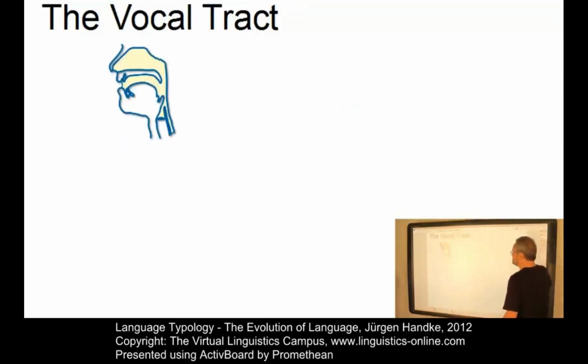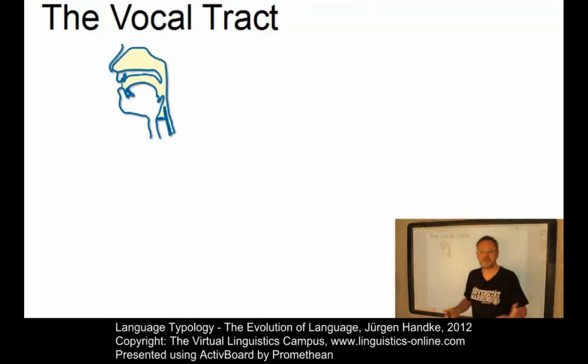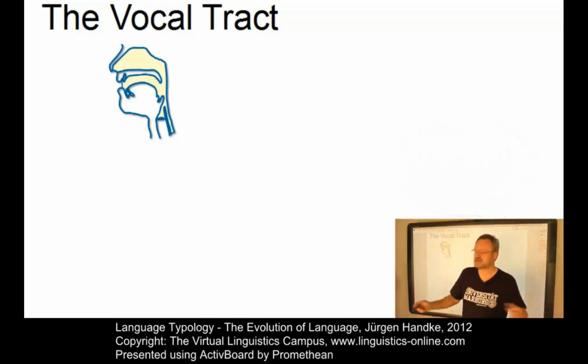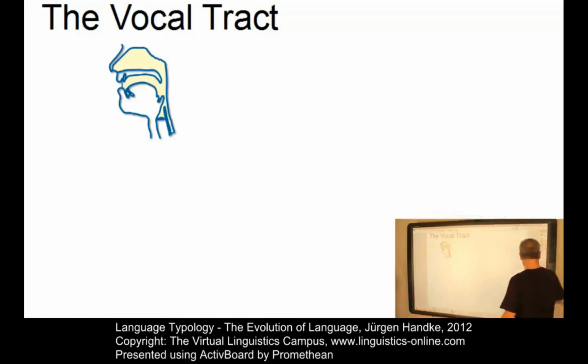The second prerequisite is a particularly shaped vocal tract. And this vocal tract must be in a position to produce a sufficiently large sound repertoire. This involves, apart from the lips that are involved in rounded versus unrounded vowels such as oo versus e, a special source of phonation.